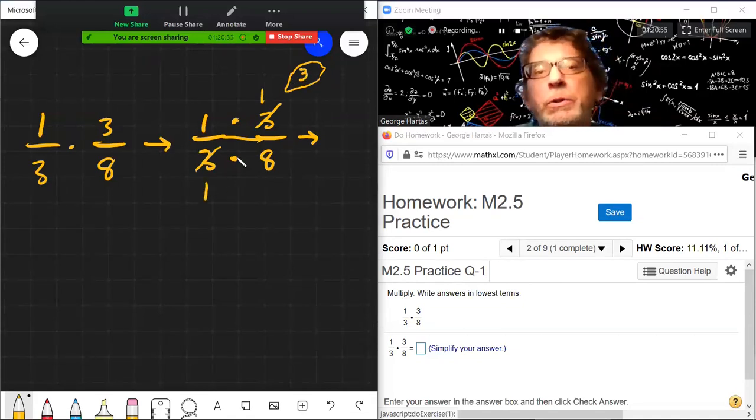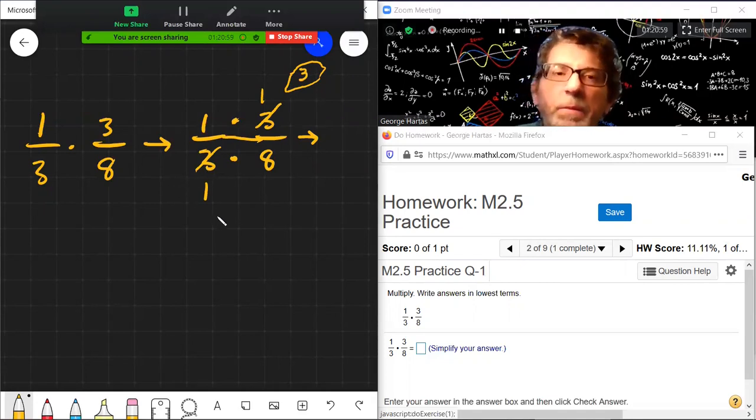Now, we don't bother doing this if it's the same number, right? We just slash it out. And you should put a 1 there as a reminder that there's really a 1 there. It doesn't just go away. It's just 1. And 1 times the other number is the other number. So you really technically should put a 1 there as a reminder that 1 is there.